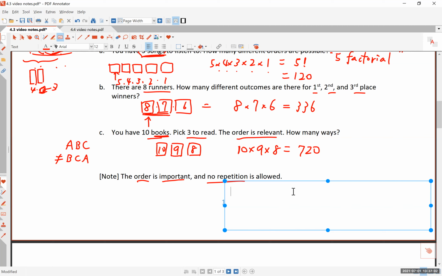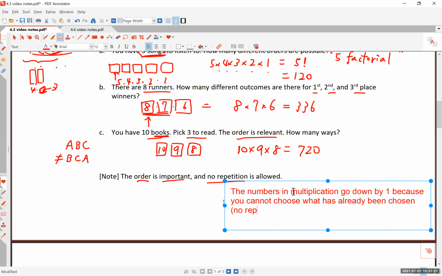But in all of these questions about permutations, there is something in common. That is, the numbers in the multiplication go down by 1 because you cannot choose what has already been chosen, i.e. no repetition allowed.